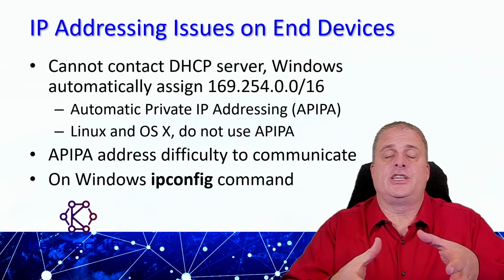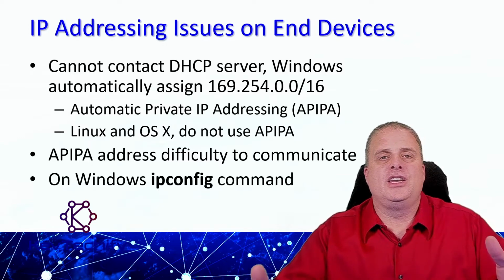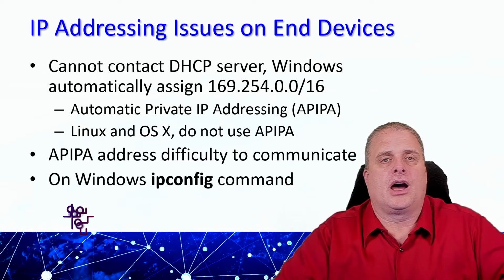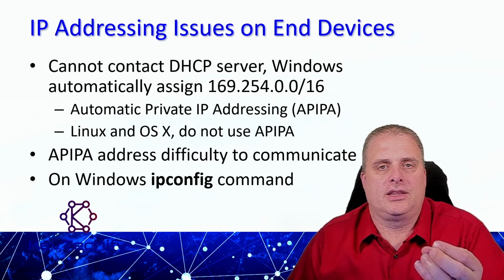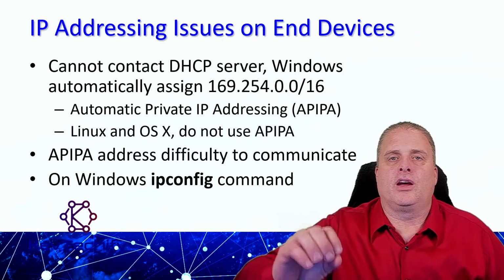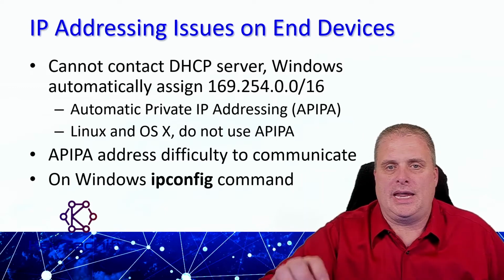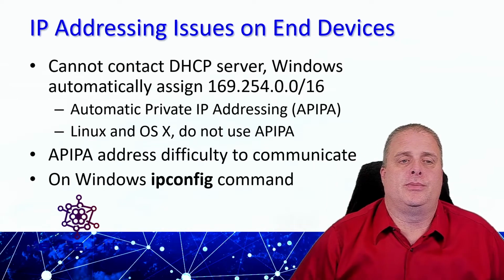You're going to set up a DHCP server to hand out the majority of your addresses to the majority of your end users, the users out in your company. You're going to have a handful of devices where you manually set the IP address. Those are typically Windows servers, but then you have Windows clients, Windows 8, Windows 10, out there where they pull their addresses from a DHCP server.